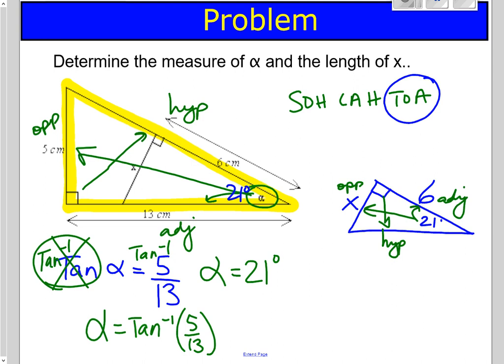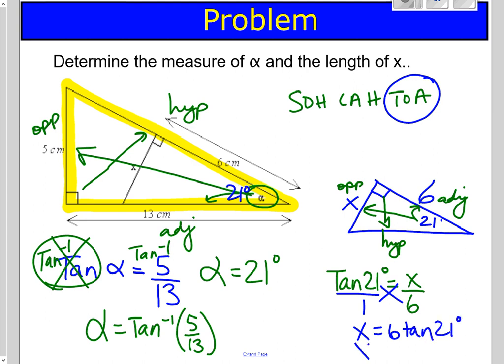So once again, I'm looking for my opposite, and I have my adjacent. So I'm going to use tan again. I'm going to say tan 21 is equal to opposite over adjacent. I'm going to cross multiply this. x equals 6 tan 21, which equals 2.3.